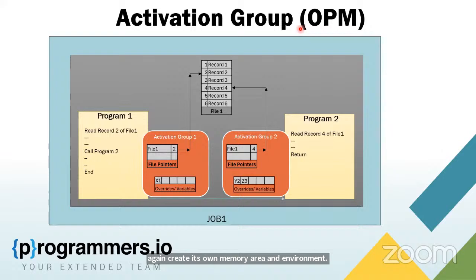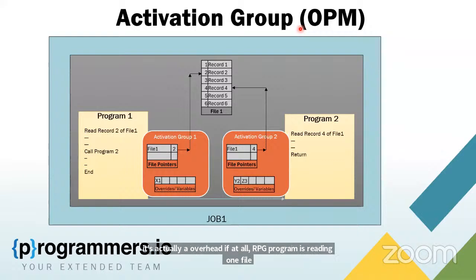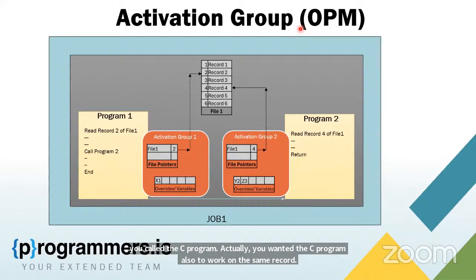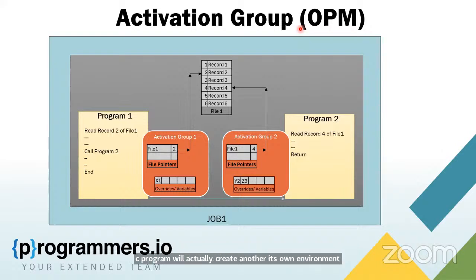If the RPG program is reading one file and pointing to some record, and now you call the C program, you actually wanted the C program also to work on the same record. But the C program will create its own environment, and to make that pointer point to the same record is very difficult.